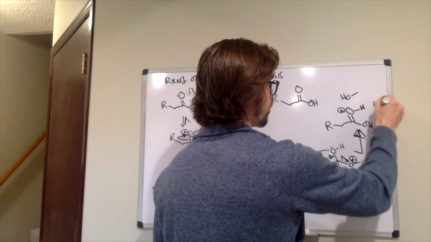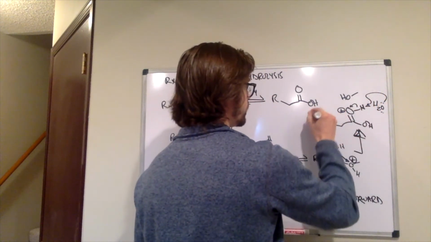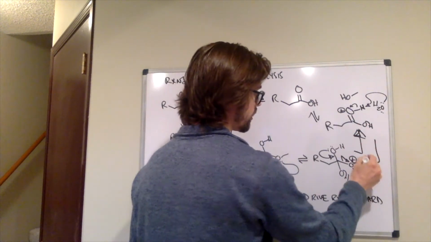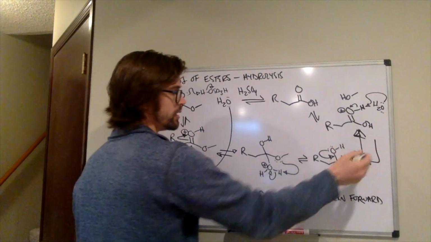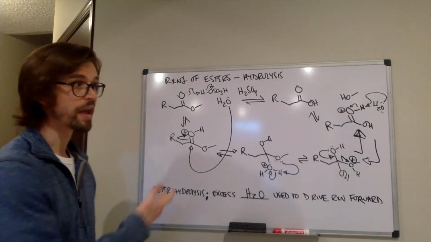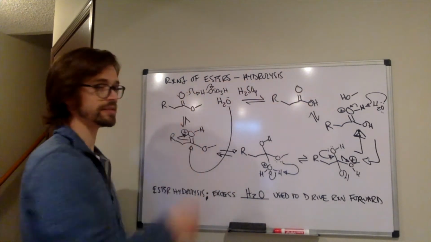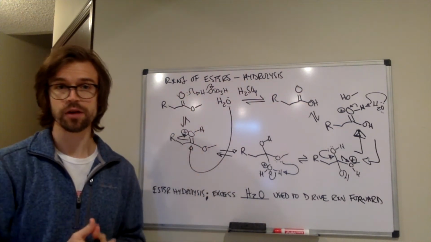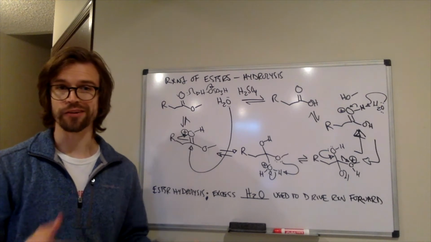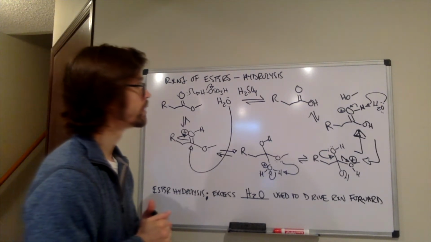So we'll just show water deprotonate this in the last step to form that product. And again, I forgot the equilibrium arrow there, just added it back in. So again, if you look back at going from carboxylic acids to esters, it's the same thing. So make sure you can reason out the different steps of this mechanism.